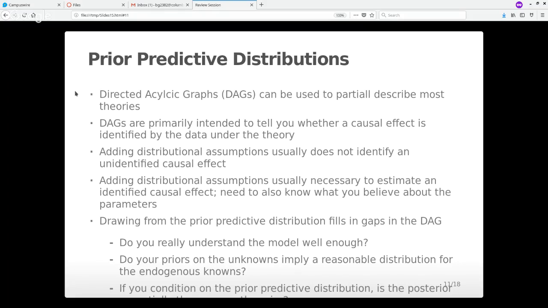So assuming the theory to be correct, if you could get an infinite amount of data, and this is how the data were generated, would you be able to do some calculation that would give you the causal effect of manipulating that treatment variable of interest.